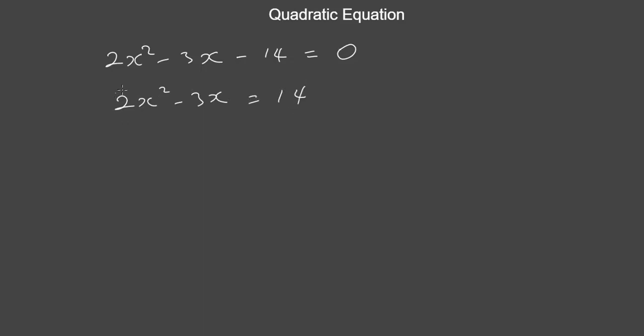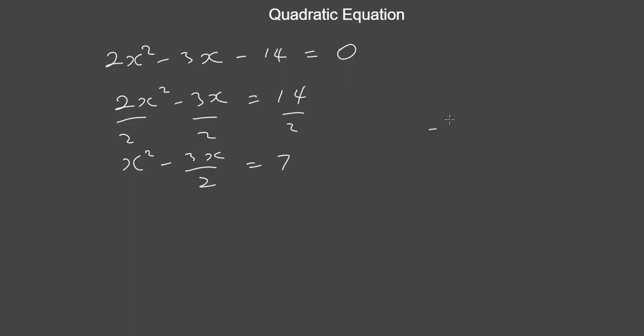Since the coefficient of x squared is not 1, you need to divide all through by 2 to ensure the coefficient here is 1. So this becomes x squared minus 3x over 2 equals 7. The next step is to look for what you will add to both sides to make the left side a perfect square. And the rule is simple.